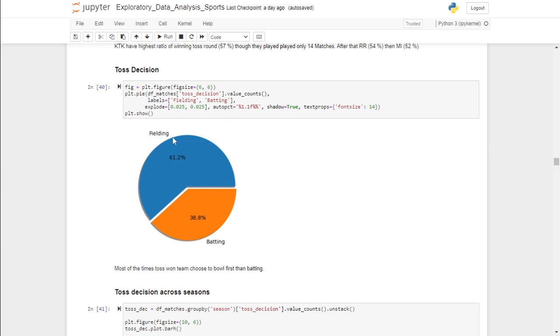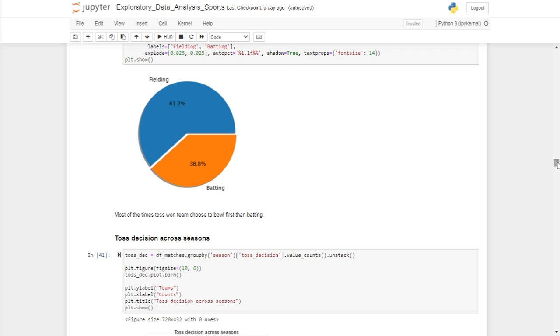And for the toss decision, most of the time you can say that the team who has won the toss chooses to field, as they like to bat in the second innings.